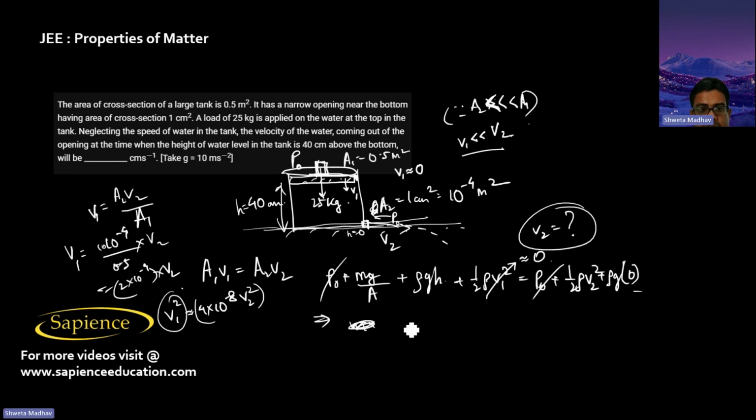Then M is 25 kg into G, that is 10, divided by A, area that is 0.5 meter square, plus rho GH.